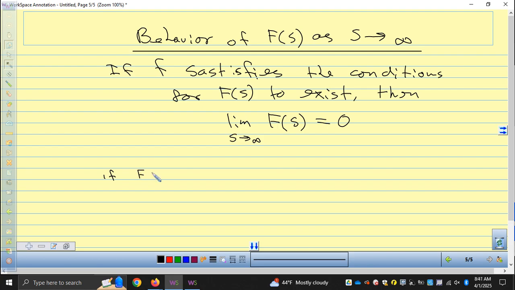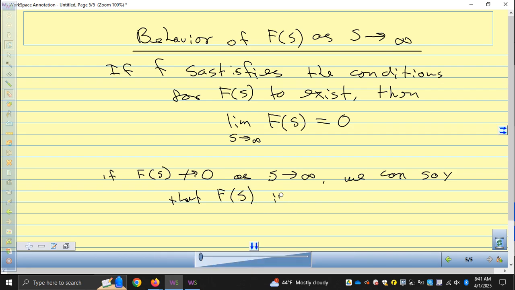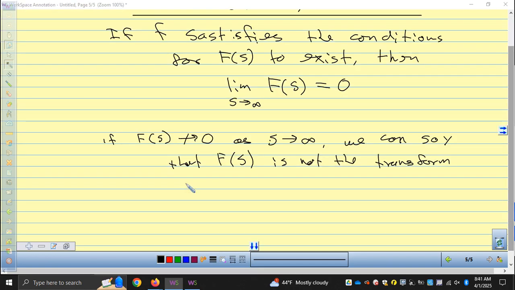If f of s does not approach 0 as s approaches infinity, we can say that f of s is not the transform of a piecewise continuous function of exponential order.